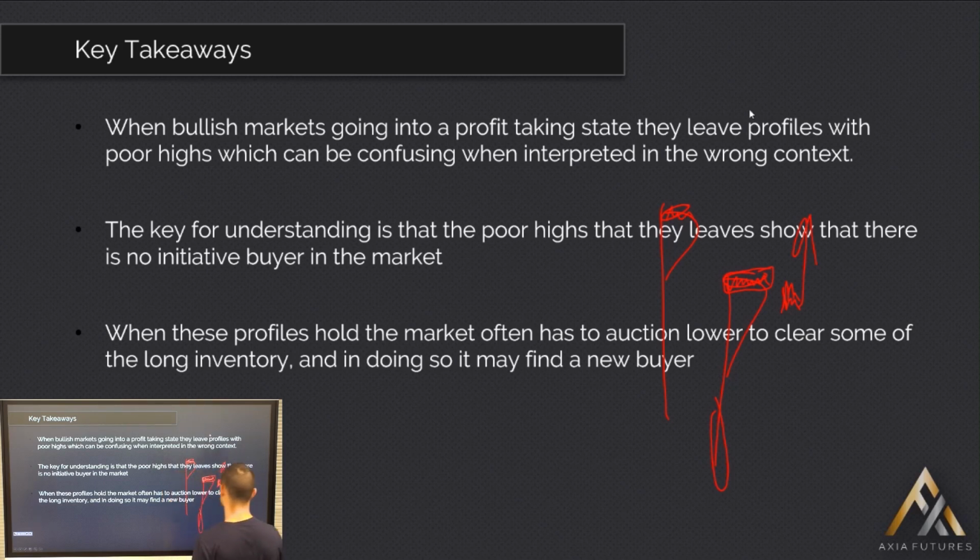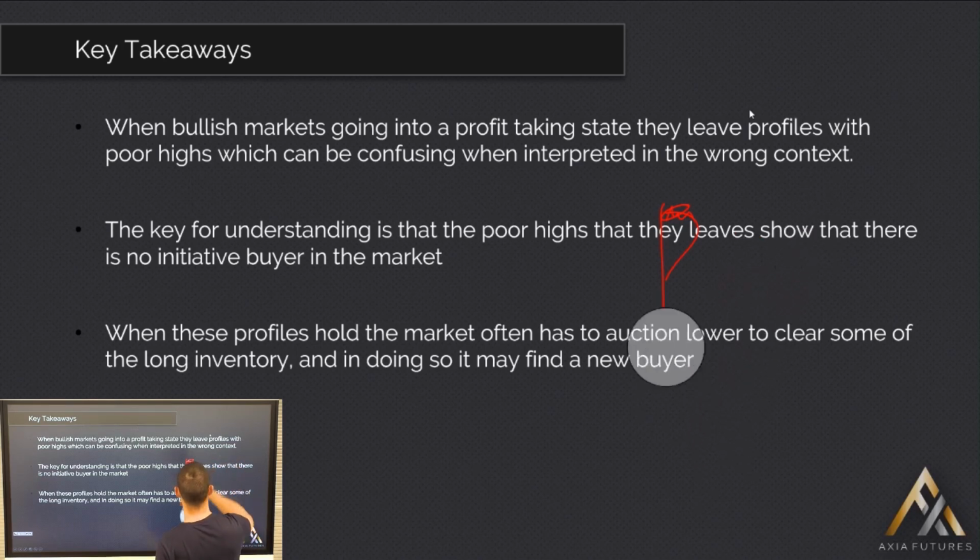You've just got to keep in mind that that's the context we're in. And if you think in that really traditional sense of tails versus poor highs and try and get long, that's the wrong way to think about it. So anyway, hopefully that clears it up a bit.